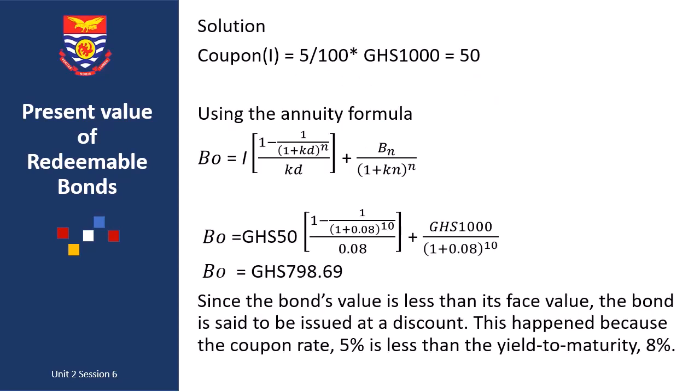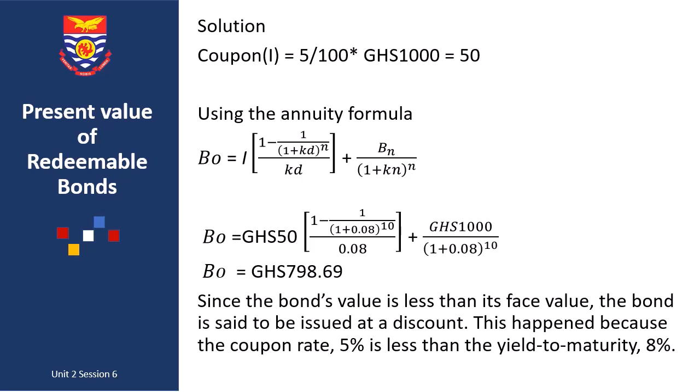So in the formula, we will need our interest. Therefore, we have to find the interest. The interest is the interest rate on the bond. So if the par value of the bond is 100, it means the interest is going to be 5% of the amount. But here the amount is in thousands. Mostly bonds are issued in thousands.